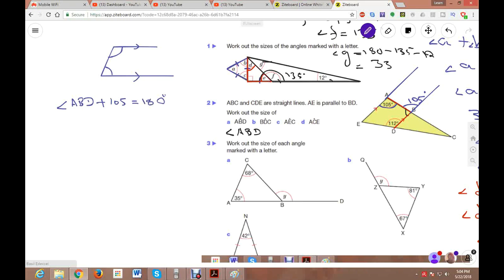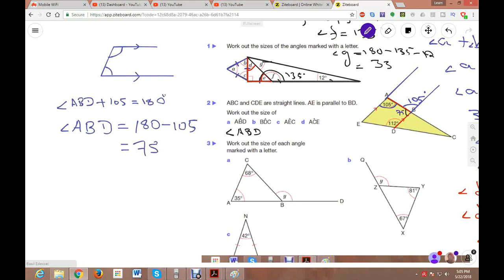So we just subtract them: 180 minus 105 gives you 75. So this angle is your 75.